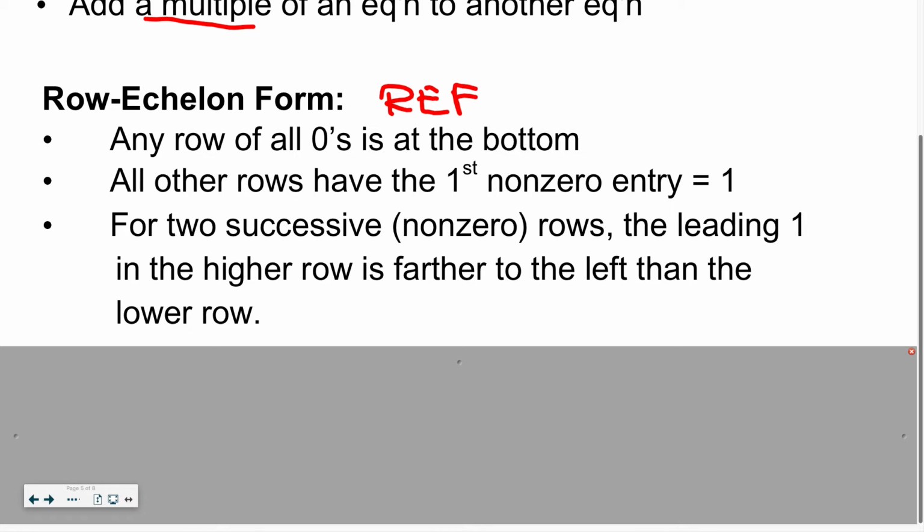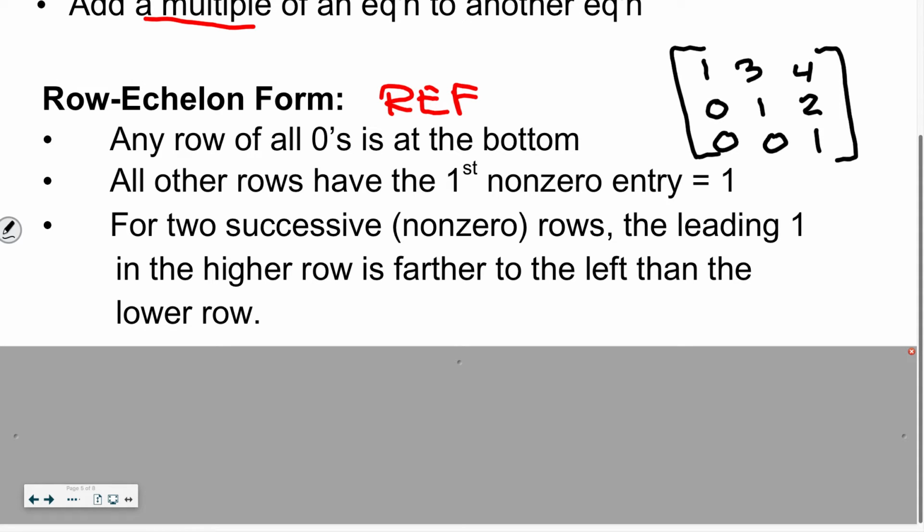Okay, so I'm going to draw an example of a row echelon form. That looks like row echelon form. So I don't have a row of all zeros, but if I did, it would be at the bottom of my matrix.